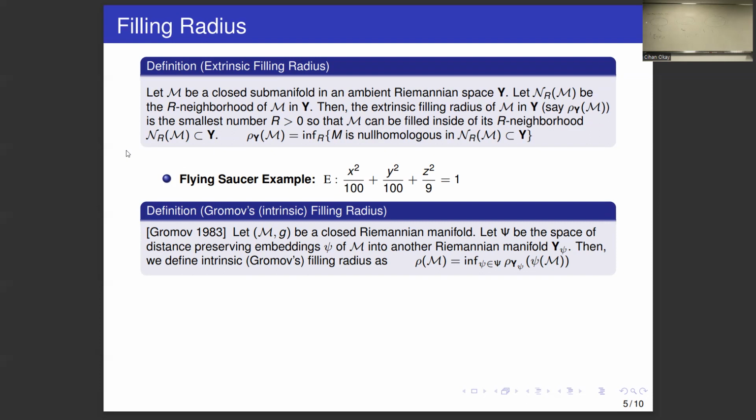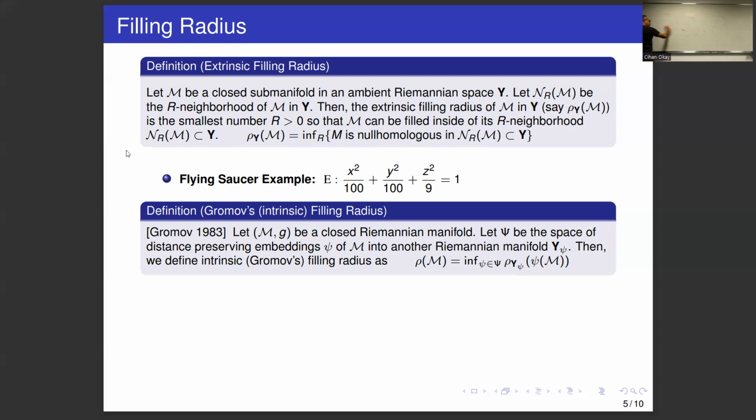You give me any Riemannian manifold with a metric. There is no dependency on the ambient space because there is no ambient space. I just give you a manifold. And for that manifold, there is a filling radius definition in the following way. It tells you the smallest, exactly like the extrinsic filling radius, but I have one condition for the ambient space.